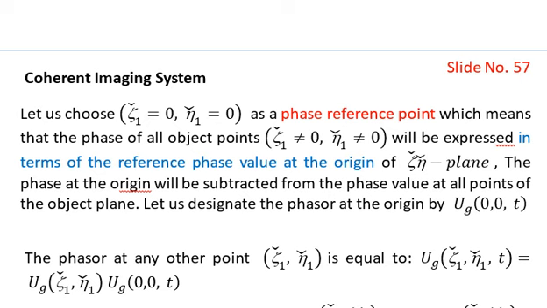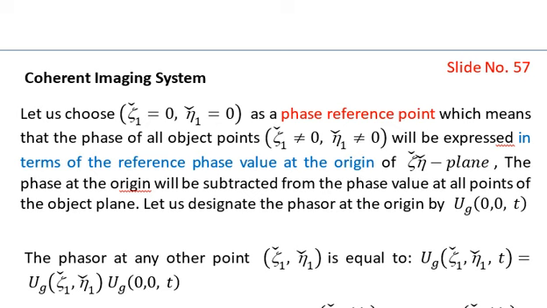Similarly, on the image side, the phases of all the image points are referenced with respect to the center, the origin of the image points, which we have called the reference point.